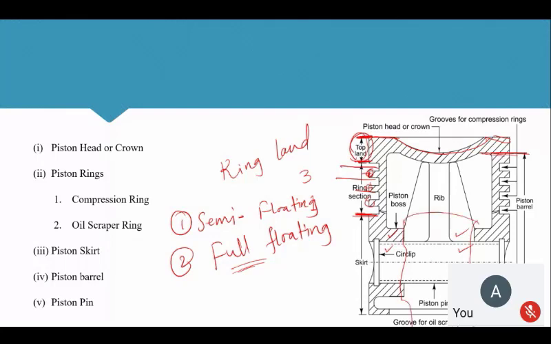So the motion between the connecting rod as well as the pin is allowed between both the elements here. On the contrary, in semi-floating type, either the movement is provided between the connecting rod and gudgeon pin, or between the piston and gudgeon pin.